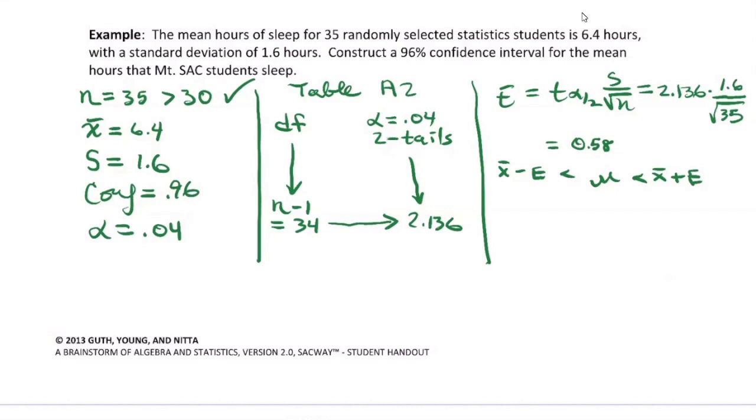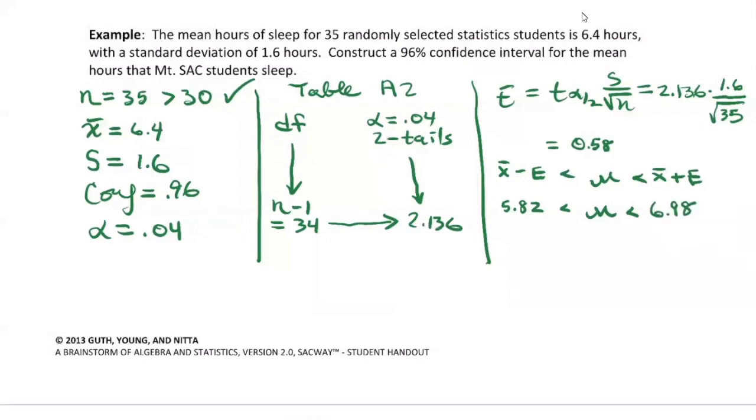So on the low end, I'm getting 5.82 less than mu, and now adding X bar again, 6.4 plus 0.58, which is 6.98.